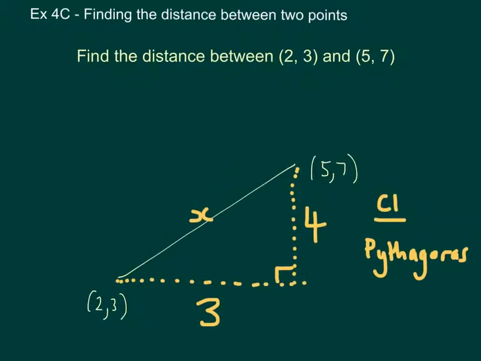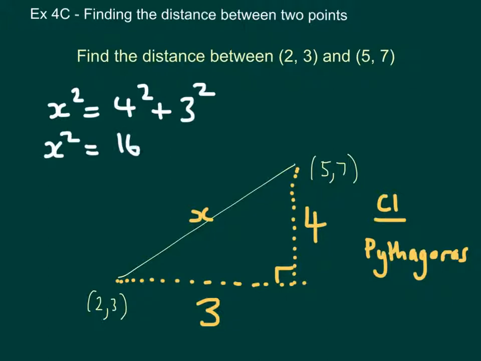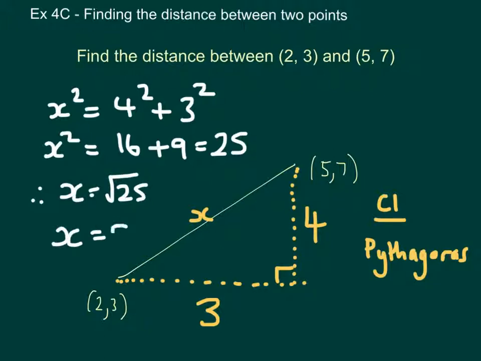It's one of the easiest types of Pythagoras Theorem question you can have. So the hypotenuse squared, x squared, is equal to 4 squared plus 3 squared. That gives x squared is equal to 16 plus 9, which is 25. So x is equal to root 25, so x is 5. The length of the line joining those 2 points is 5.